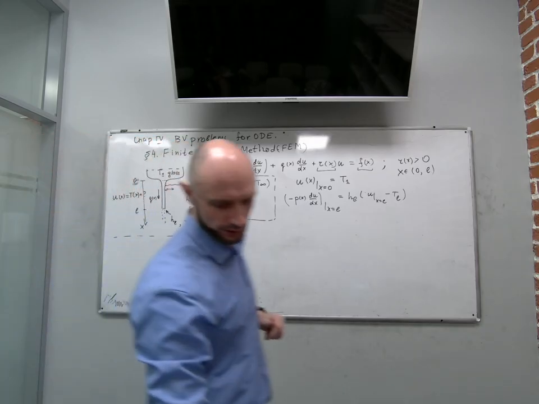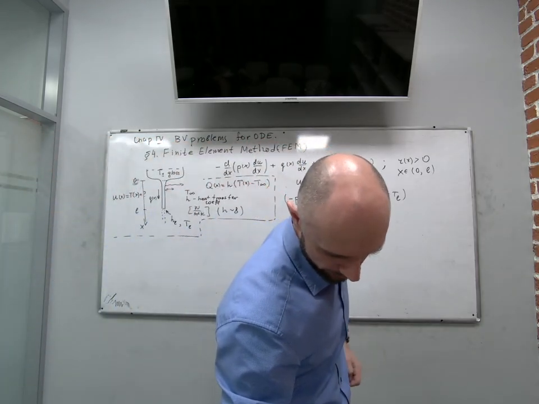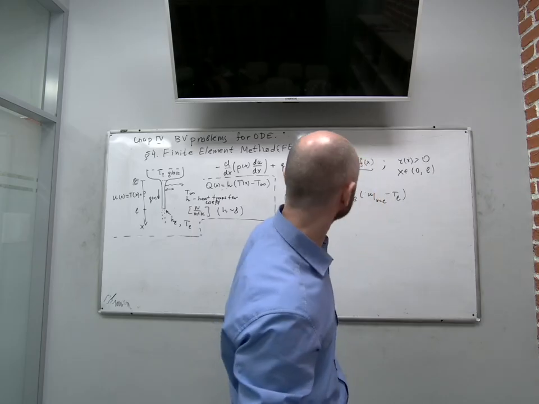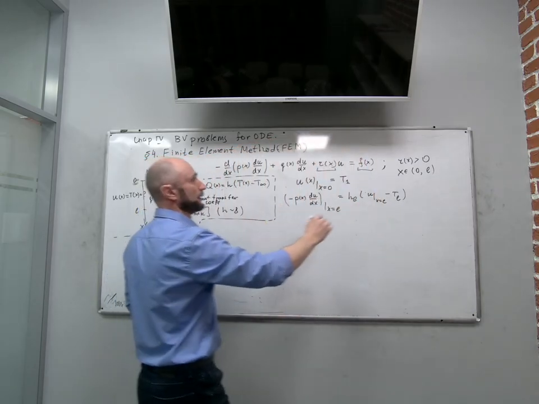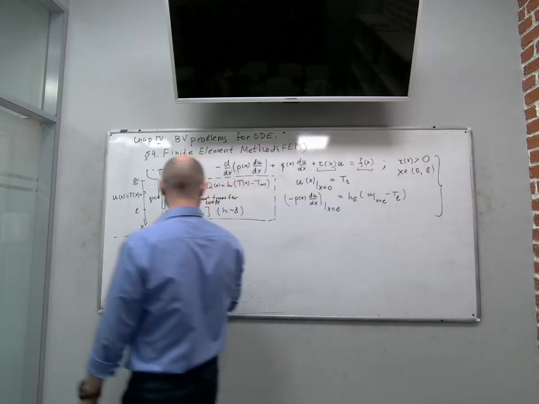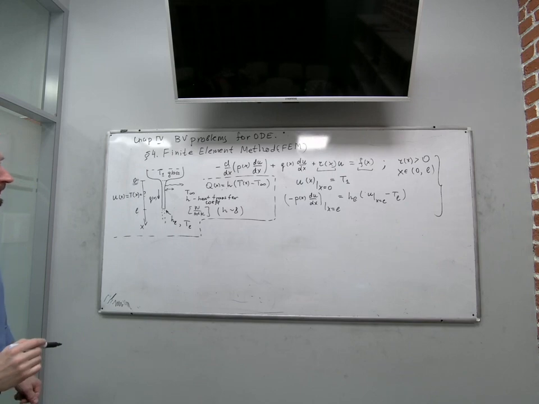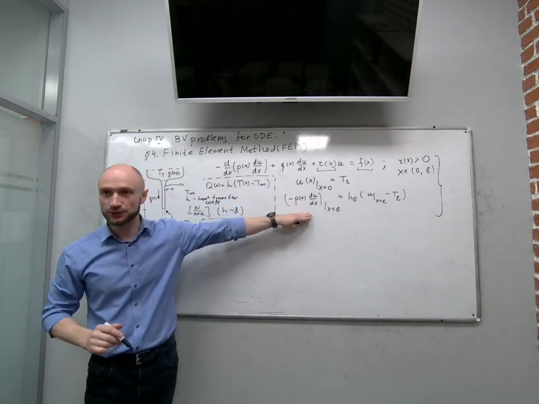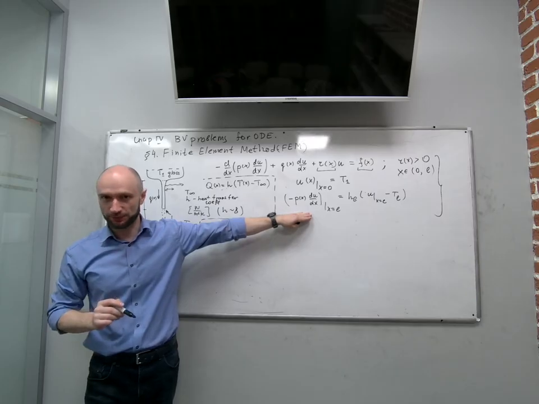Let me check that I wrote the sign correctly. Yes, the sign is correct. So this is our differential problem. We have one condition of the first type and one condition of the third type.